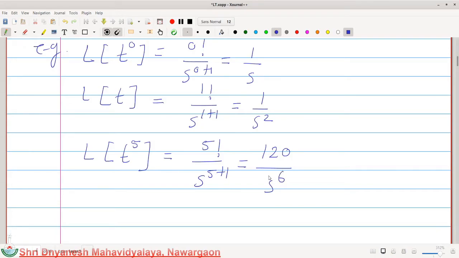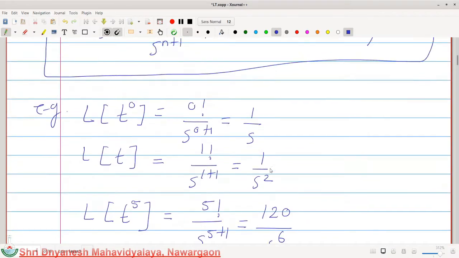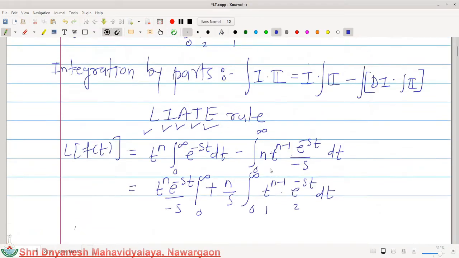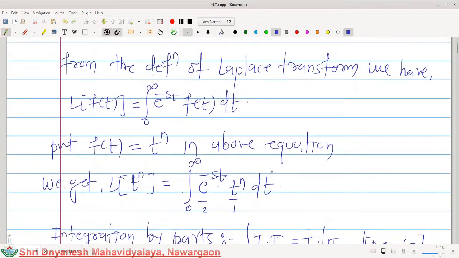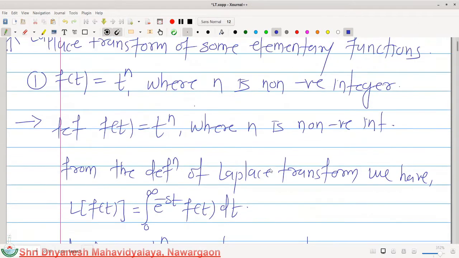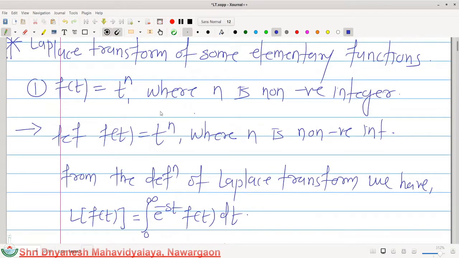Hope you are getting this. So in the above examples, the Laplace transform of t to the power n is found when n is a non-negative integer.